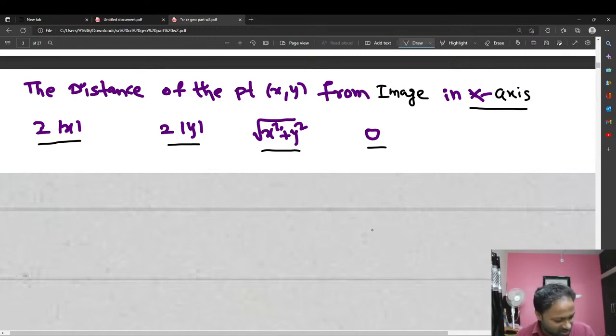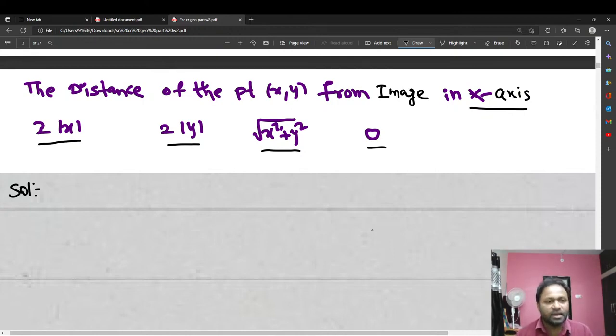Prabha says C, under root of x square plus y square. Let us check the answer. What will be the answer? Distance of the point, ordered pair x comma y, to the image in x-axis. Yes.